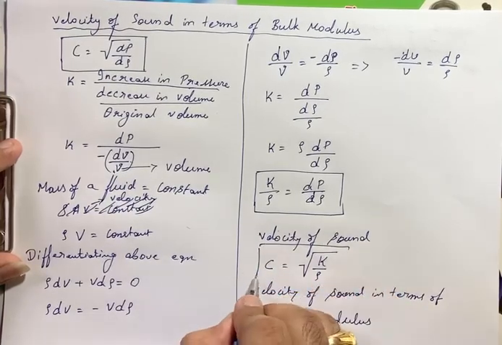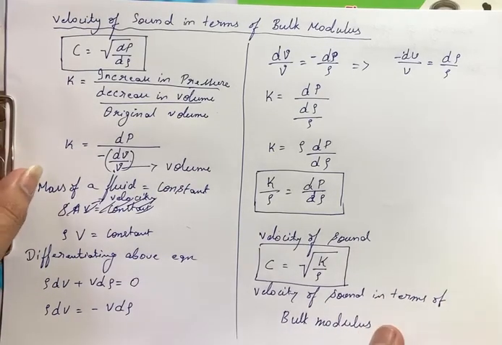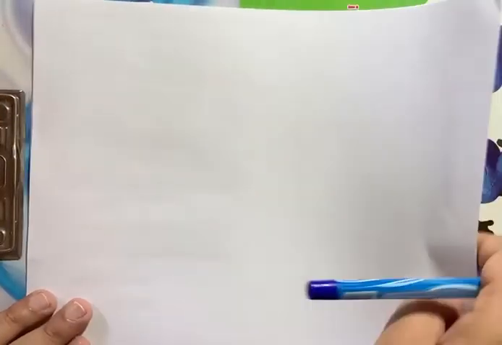So in numericals, if they have given bulk modulus and density to find out the velocity of sound, you need to use this formula, right? Next, in the next video, we'll be studying the velocity of sound for an isothermal process.